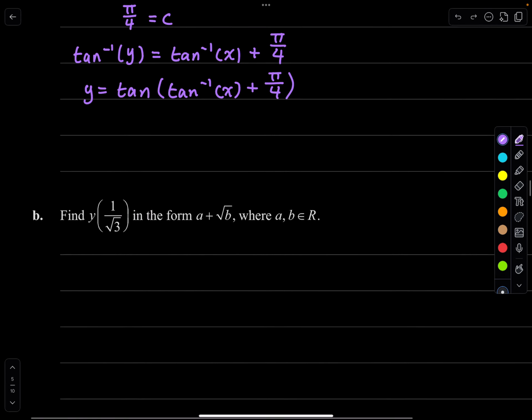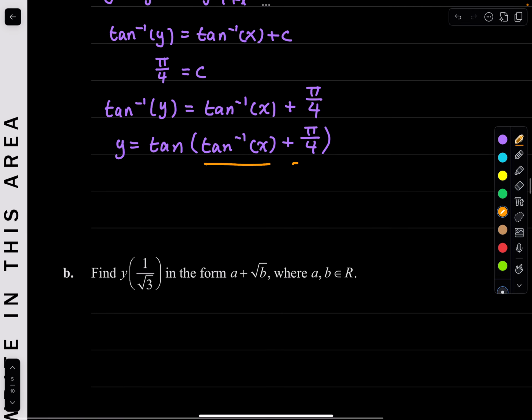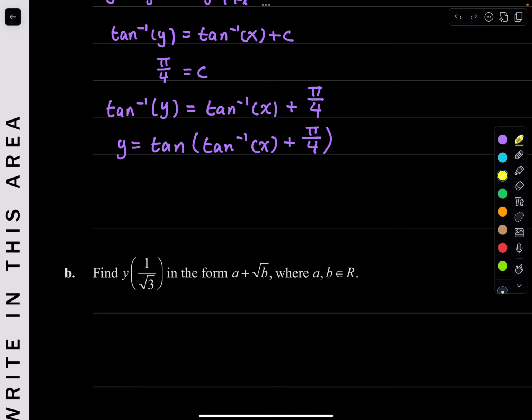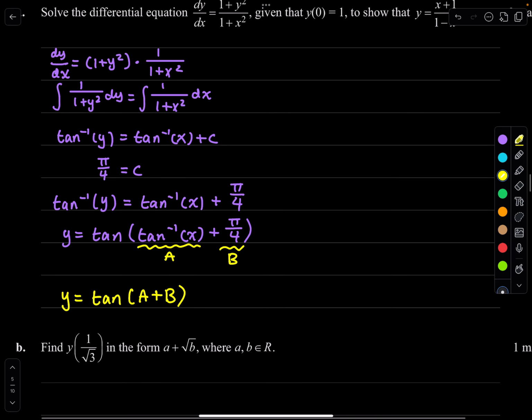Well, it's actually not bad because what you might think is, okay, it's like tan and two things being added. Think of them like this. Let's make this here be A, and let's make this be B. So can we just write this as y equals tan(A plus B)? Remember that tan(A plus B) can be simplified using your compound angle formulas.